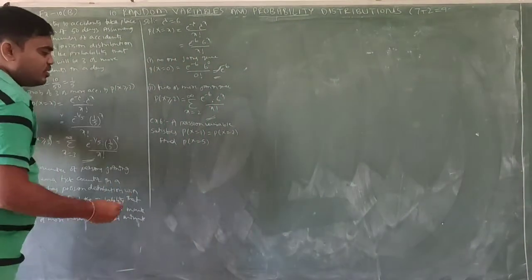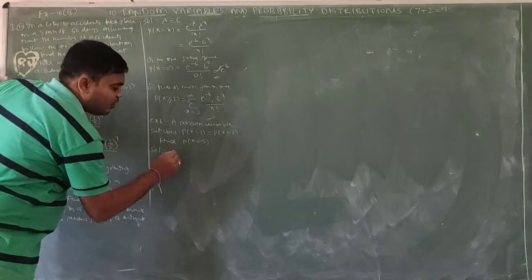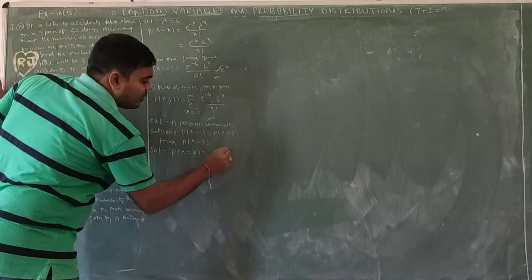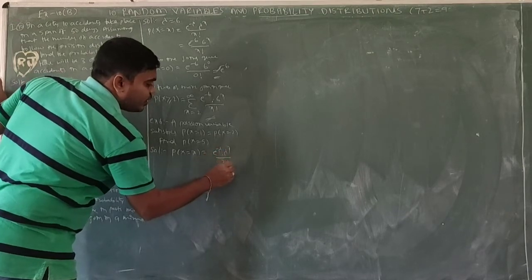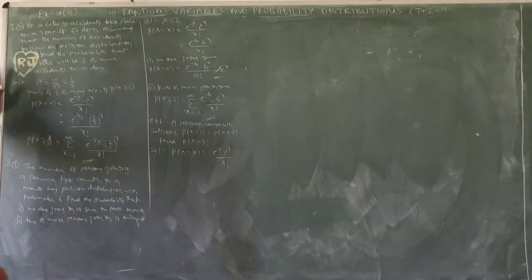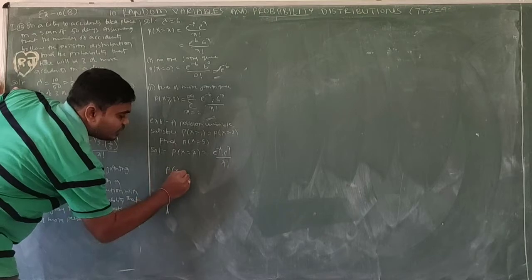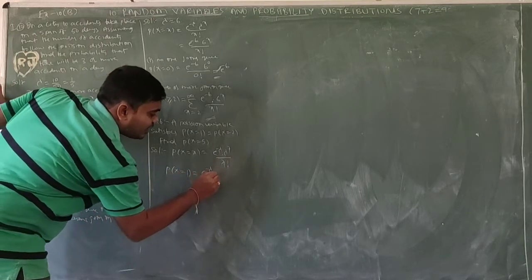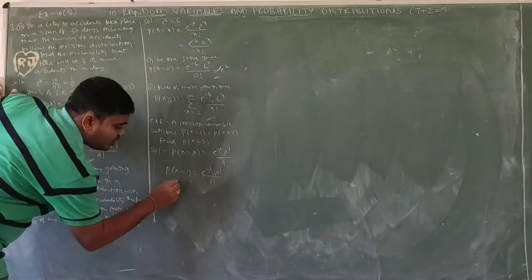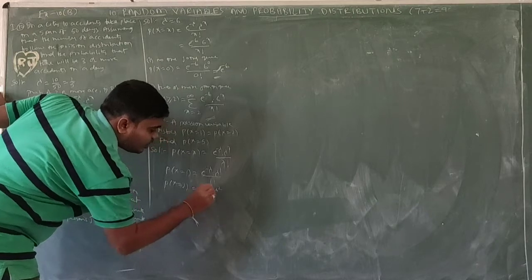So first, solution. I want to write the formula: P of x equal to x formula, e power minus lambda, lambda power x by x factorial. So P of x equal to 1 is e power minus lambda, lambda power 1 by 1 factorial. P of x equal to 2 is e power minus lambda, lambda square by 2 factorial.